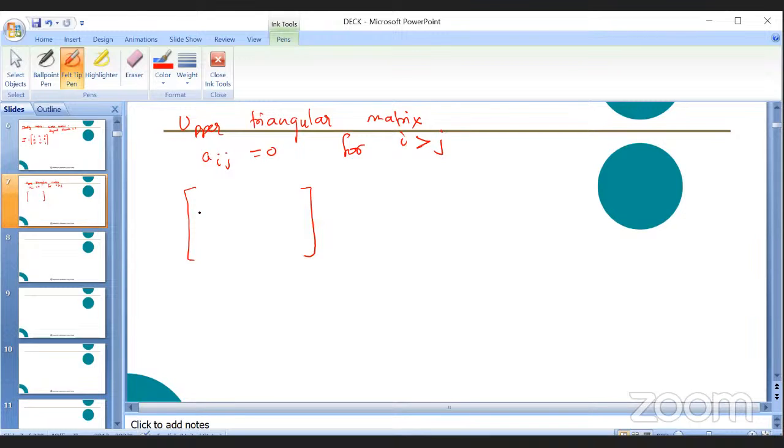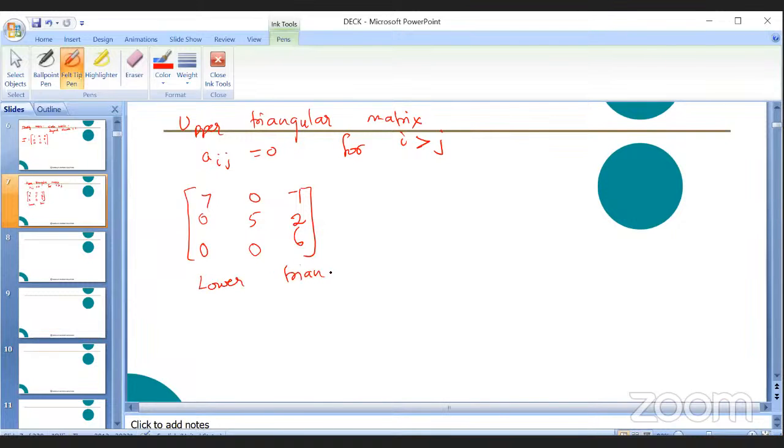So where will i be greater than j? A21, A23? A23 can't be taken. A21 you can take, i is greater than j. A31, A32, all these you get. Remaining elements may be 0, may not be 0. 7, 5, 6, 0, minus 1, 2, like this. This is an upper triangular matrix.